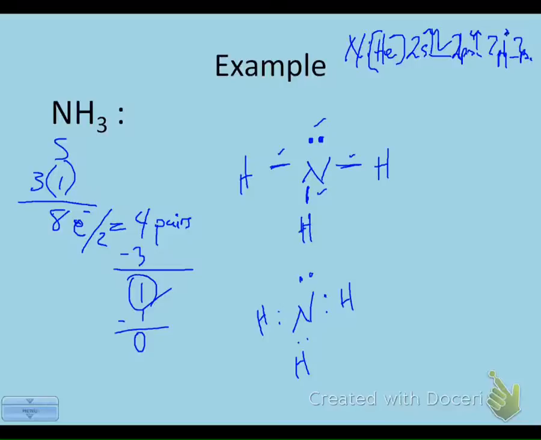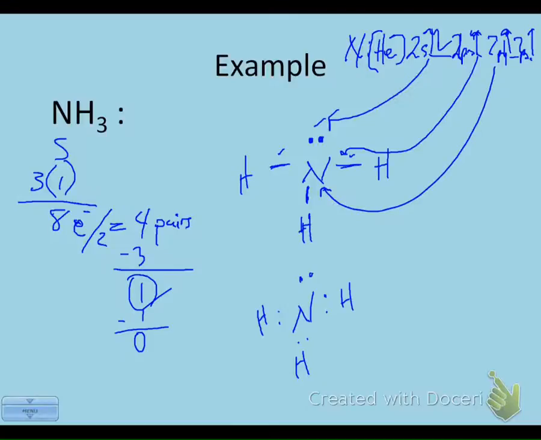Up, up, and up. And that's exactly what we see here. The 2s are here. The 2p y's and z's and x's are each in these shared pairs. So this Lewis structure shows what we would have expected from our orbital notations.